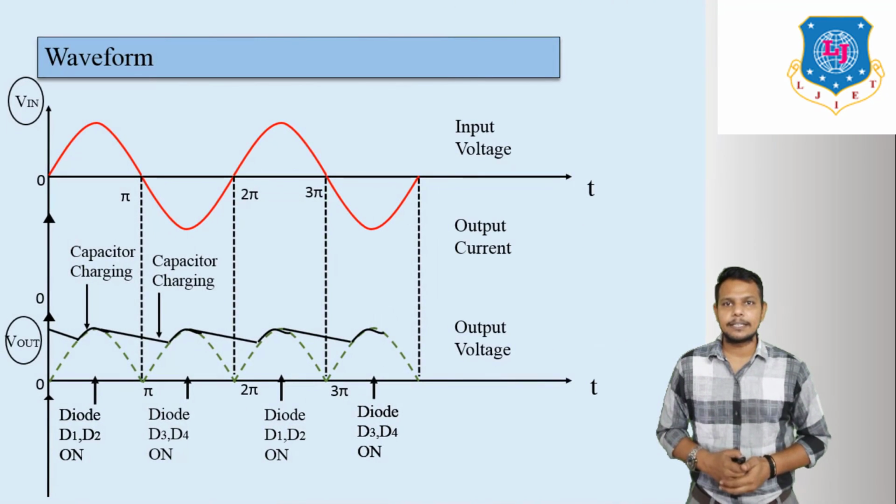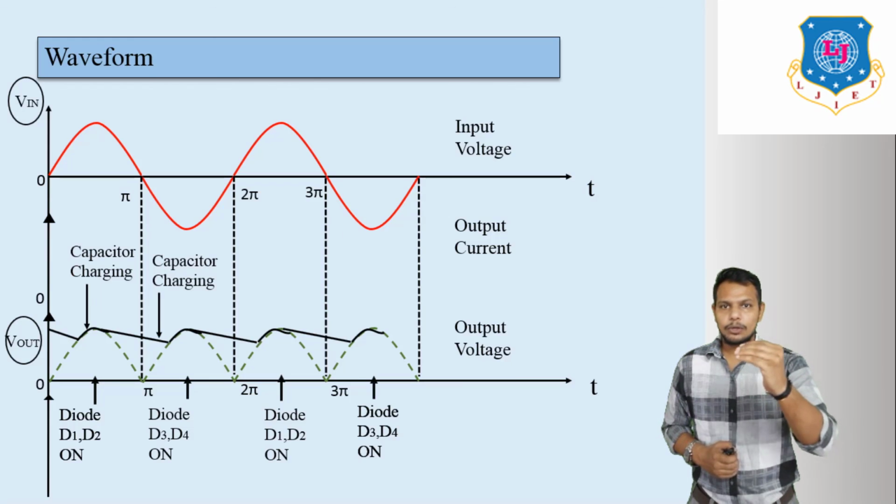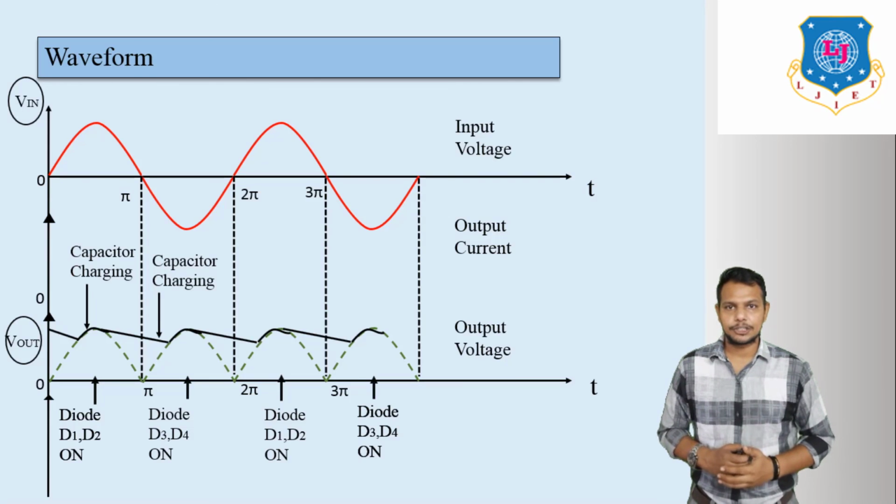Here we can see this is the waveform, and in it we can see the charging and discharging of the capacitor. The capacitor discharges until the input voltage becomes equal to the capacitor voltage.